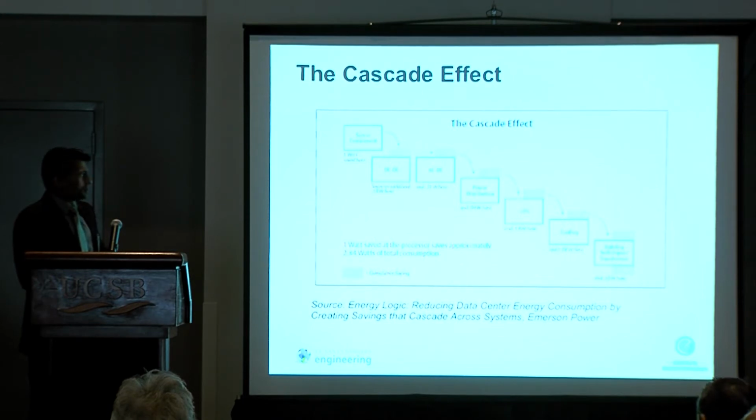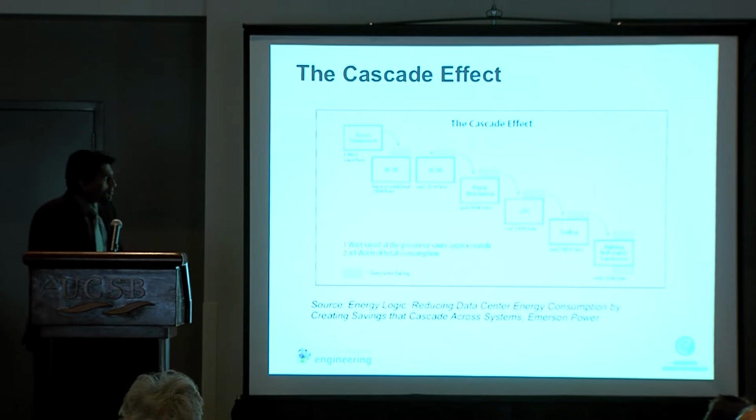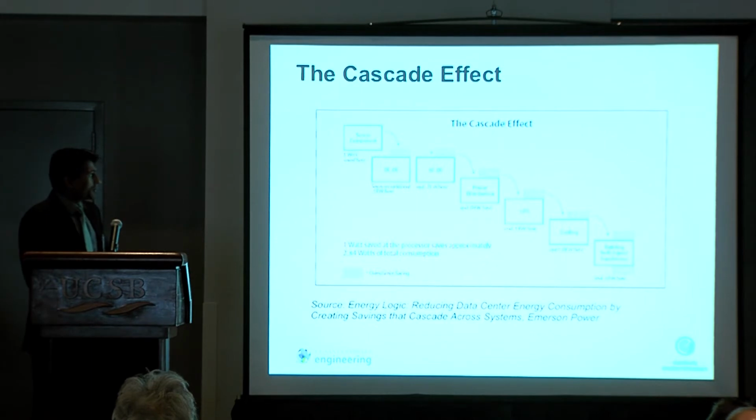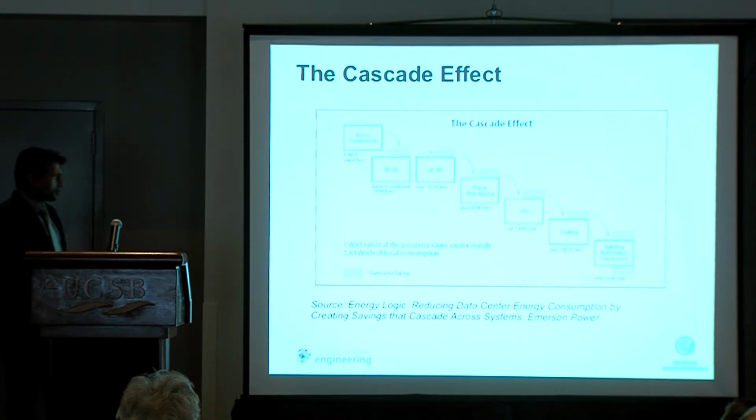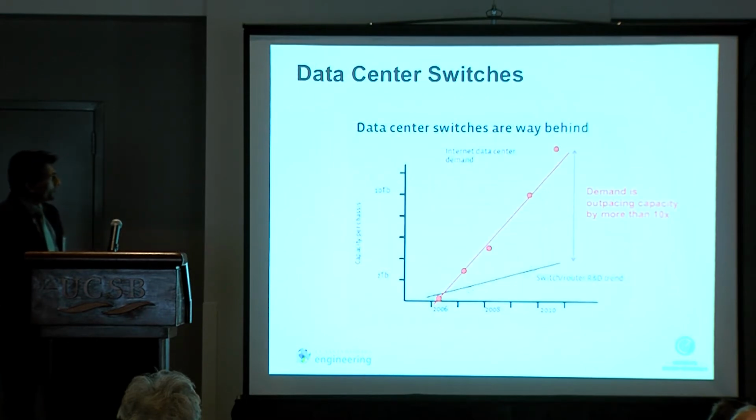Then you have the power distribution, the uninterrupted power supply, cooling, and then the building. If you cascade this all the way through, even though you're saving only 1 watt here, by the time you translate it down, it gets to 2.84 watts. So it is very good to be saving a lot of power up front at the computational level. This is something we should be trying to do because the savings are tremendous.